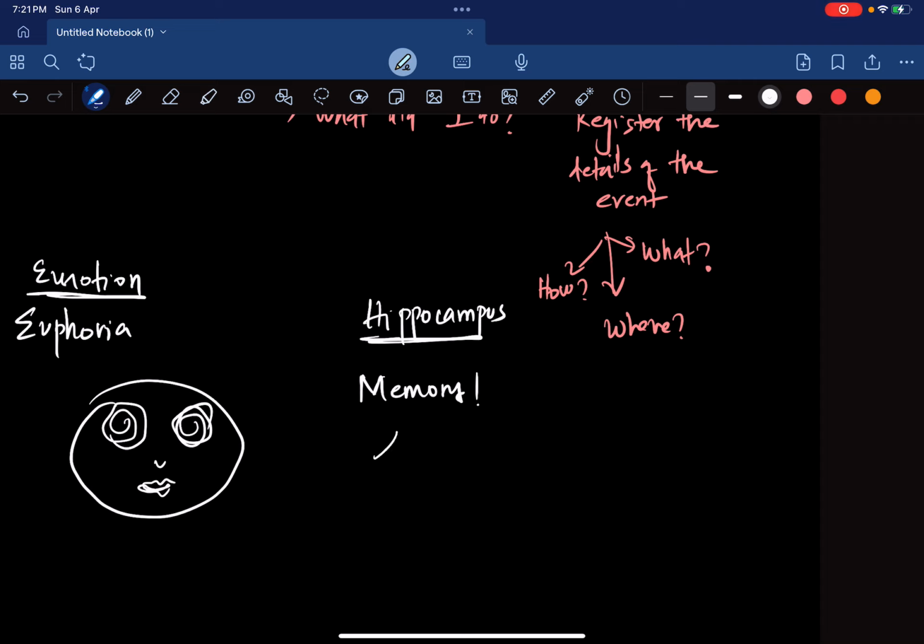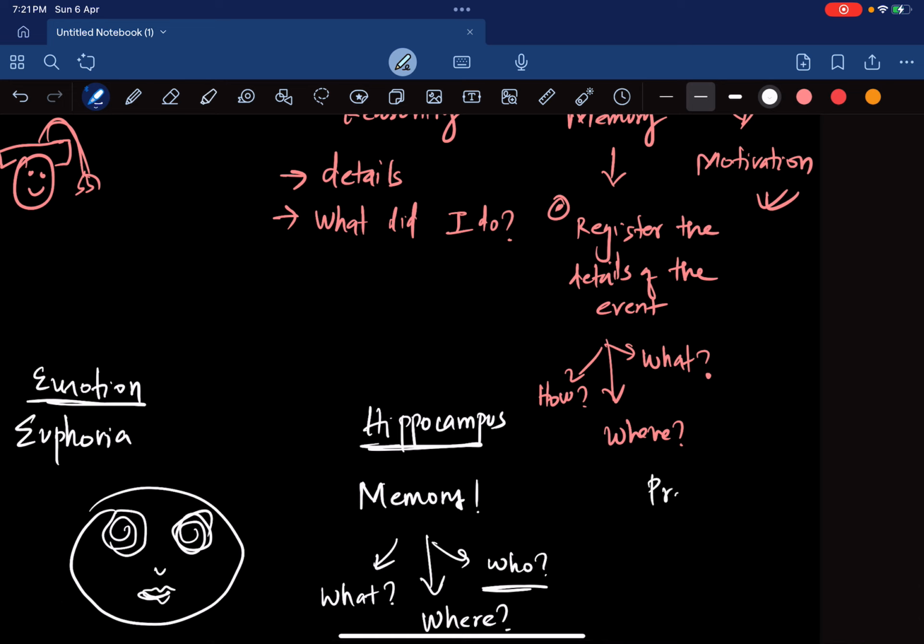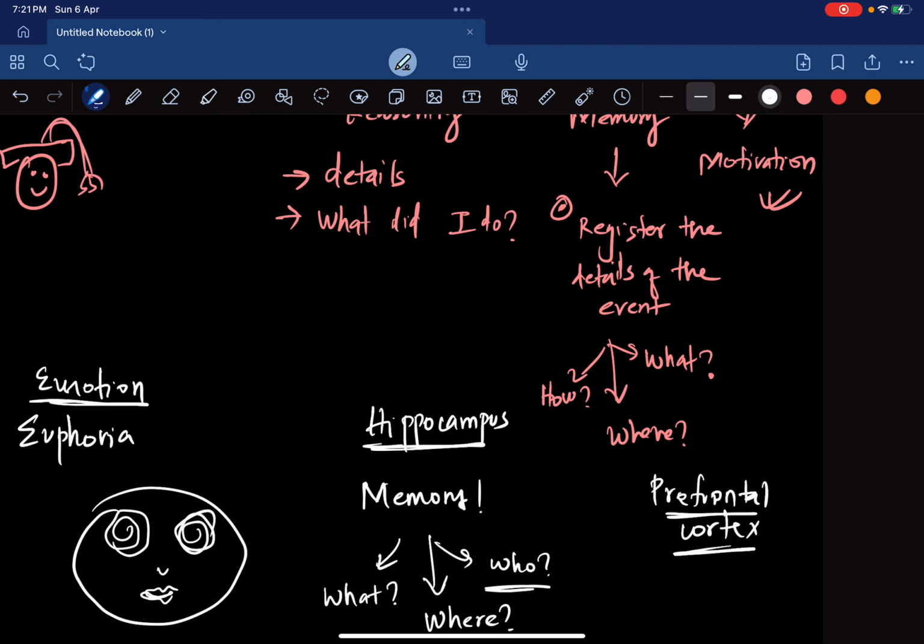It is registering the memory of what this drug is that is making me feel this good. Where is this drug? Where am I consuming this drug? Where am I obtaining this drug from? Who is with me when I'm taking this drug? What is my environment? What is the context in which I've taken the drug? All this. And my prefrontal cortex is registering the details.